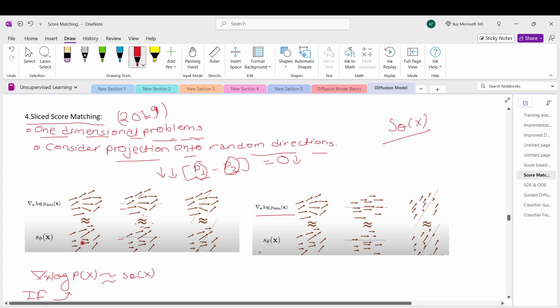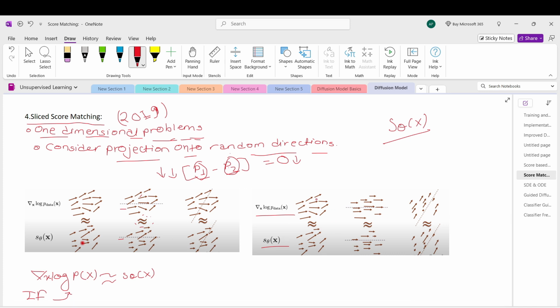So this is the gradient of log p theta of x, and this will have the projection like this.